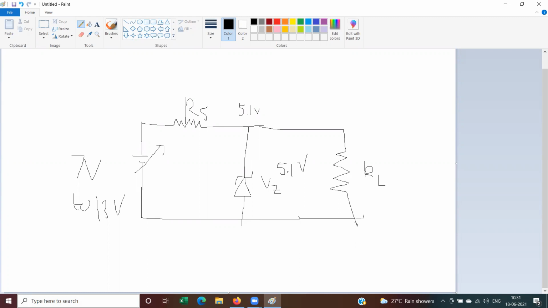Now, if the voltage increases, the Zener diode will stay at breakdown.